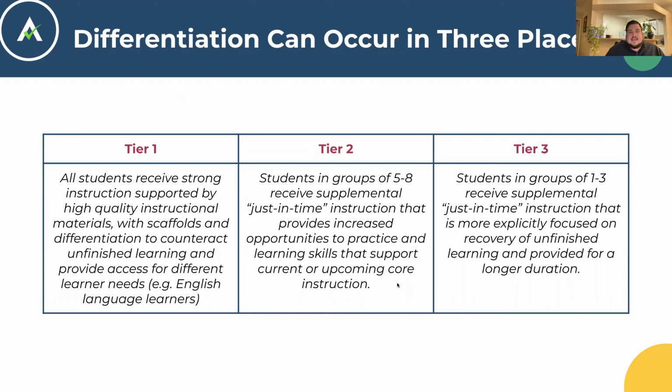Tier 2 is medium to large groups of students, making sure that they're getting supplemental instruction to support their needs and learning and building skills and confidence in the material. And then tier 3 is providing a more one-to-one or very small group method of differentiation, also just in time when the students need it, that is focused on unfinished learning, recovery, etc.